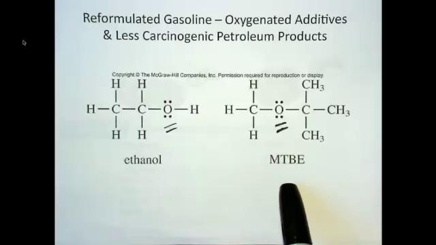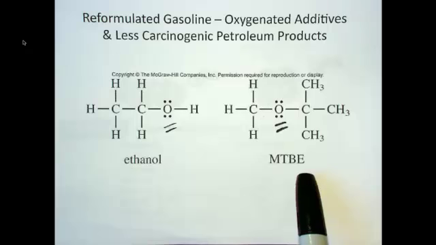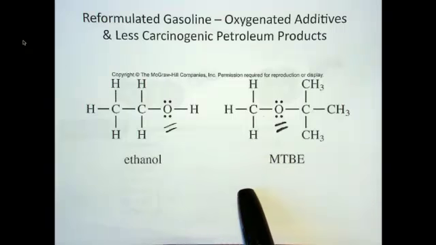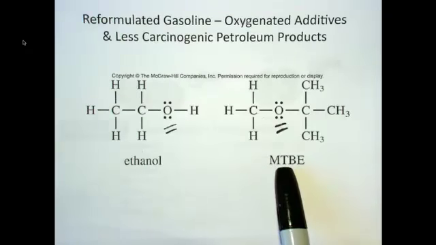It pools in the groundwater, and this particular additive has been banned in California, and it'll probably eventually be banned completely, and we'll be back to using ethanol, or maybe somebody will come up with some better oxygenated compound that doesn't take away from the food supply and doesn't pollute the groundwater.